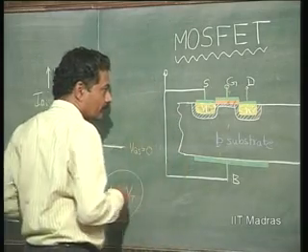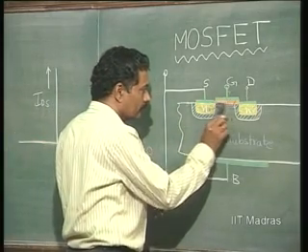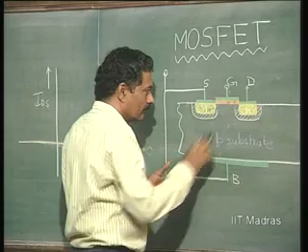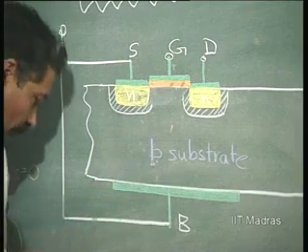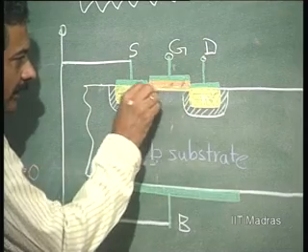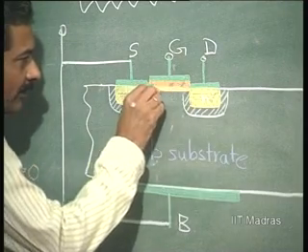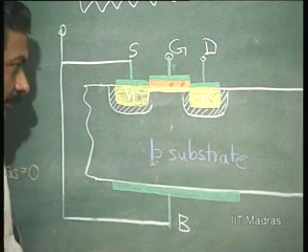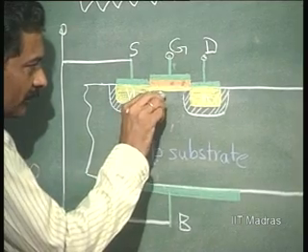Now once inversion occurs, a channel is said to be formed and this depletion layer is pushed down.